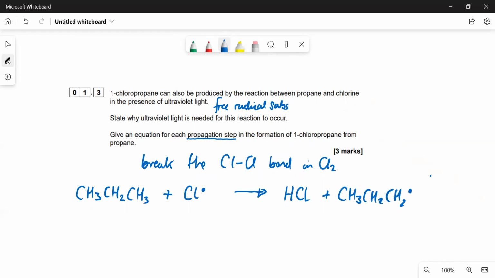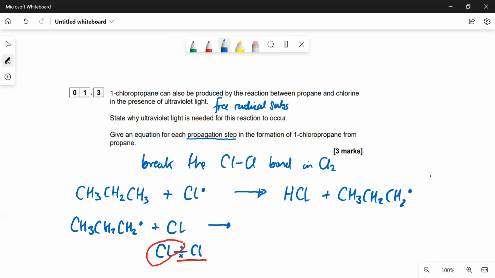So that's a free radical. And then in the next propagation step, that free radical is going to react with a chlorine molecule. Right, so if you think of our chlorine molecule like that, it's going to take that, and that of course is going to leave this bit behind as a chlorine free radical.